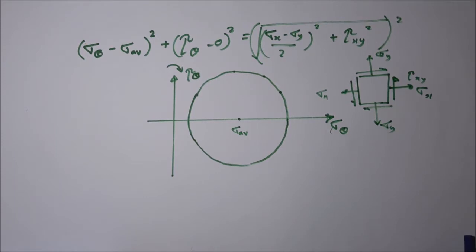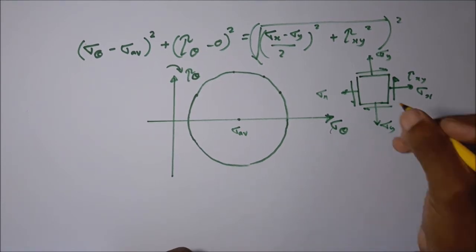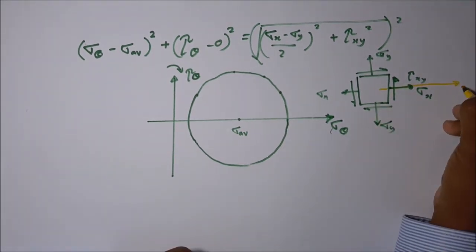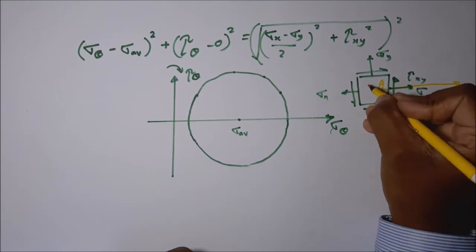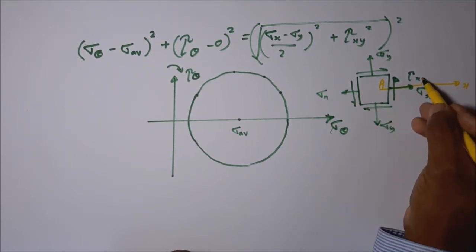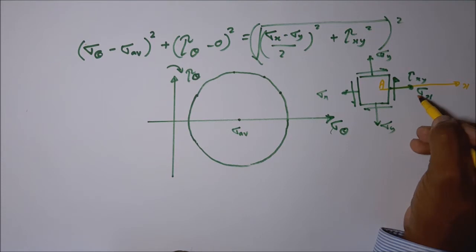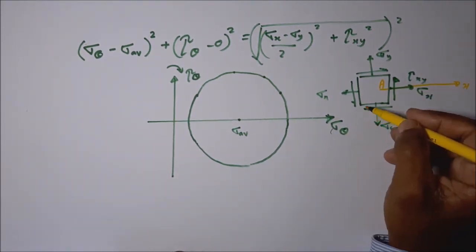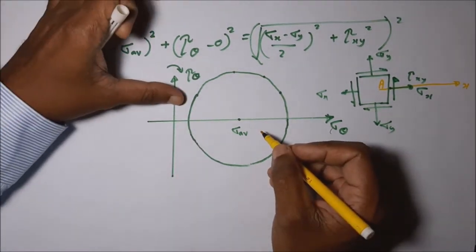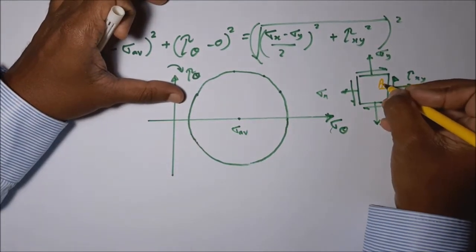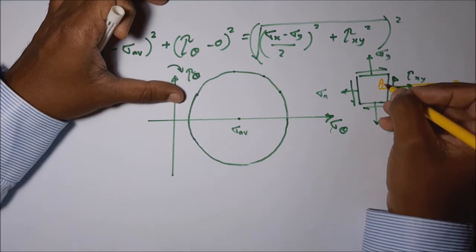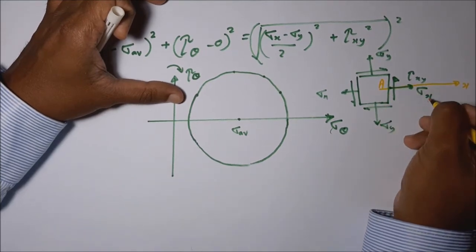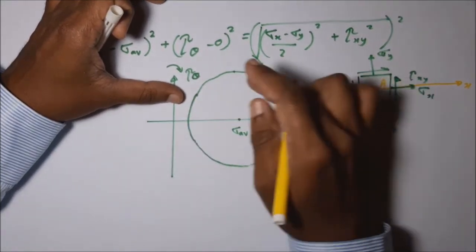In here, let's take the plane which is normal to the positive x coordinate direction, and call it a. You can see tau xy and sigma x; according to the sign convention, tau xy is negative. Let's see how to represent the shear stress and normal stress on this Mohr circle.